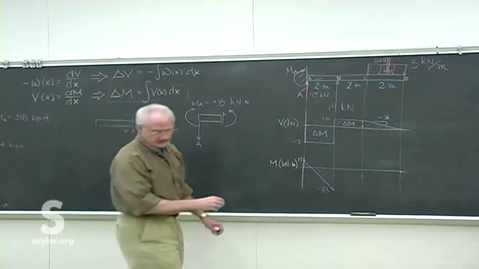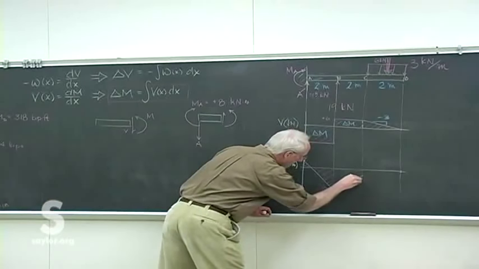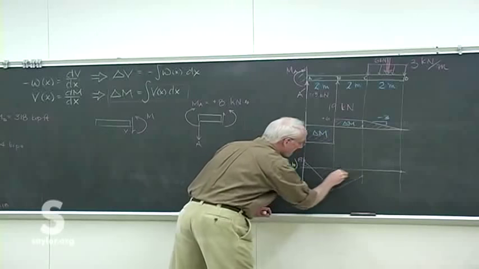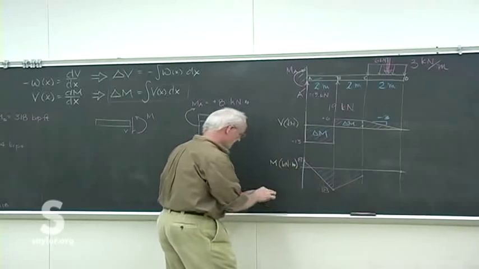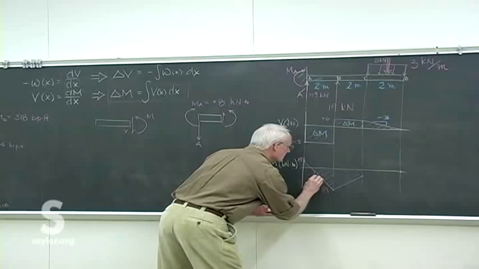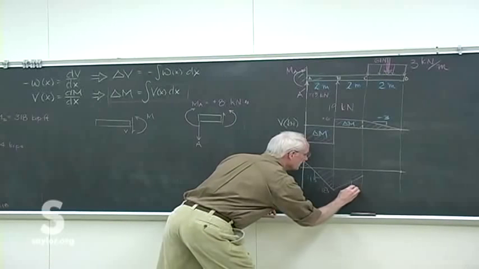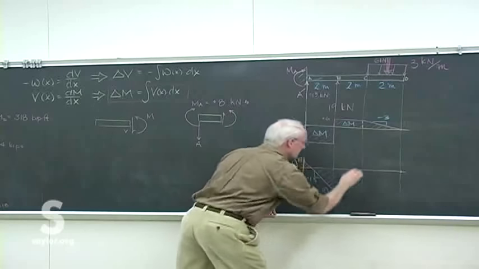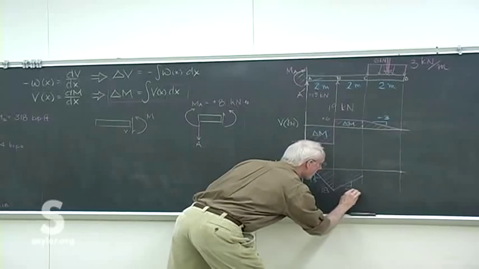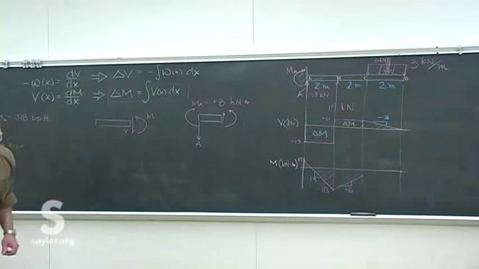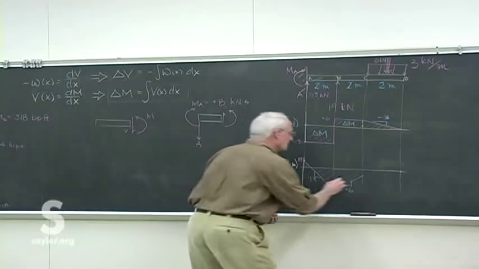At -6. Yep. So we have those two slopes, -13 and +6. And you finish at a -6 there.